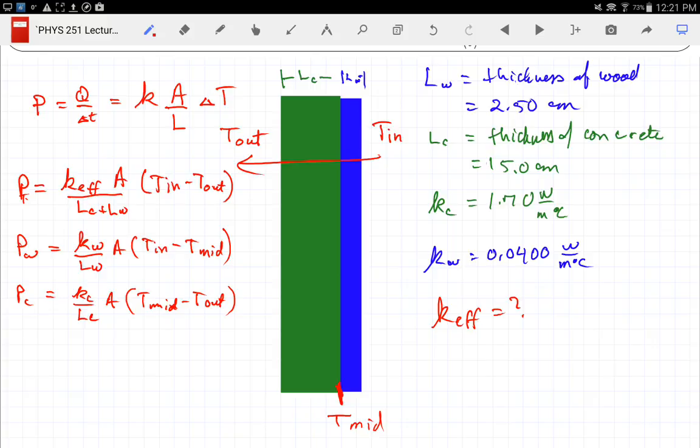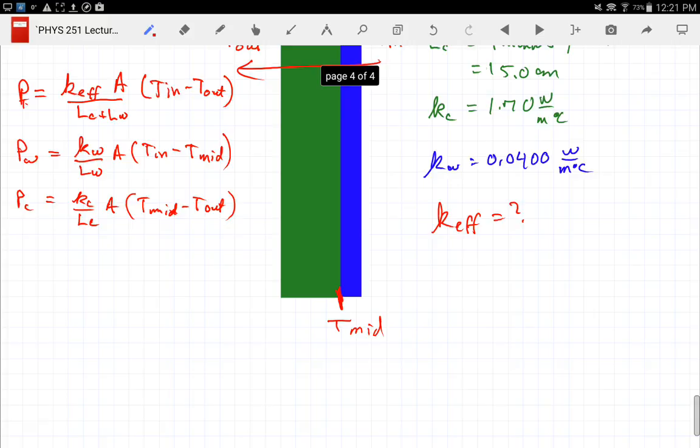Now, the T mid is definitely going to vary if I change what the thicknesses are. So the T mid is still a variable. So now if I look at my unknowns, I have T mid and I have the K effective. Getting better. I have two unknowns. I have three equations. I can make two equalities with these and have it done. So what I do is I take the lower two and I combine them.